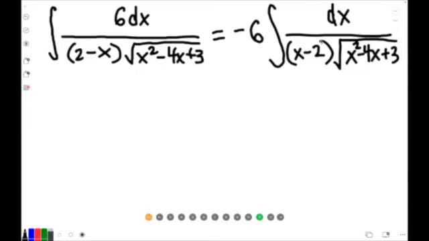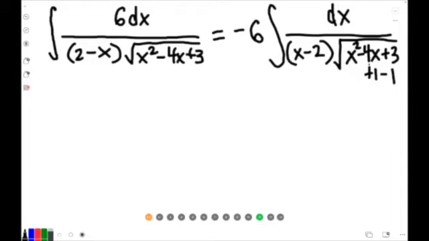But if we square this, we need this to be x squared minus 4x plus 4. Since this is plus 3, we only need to add 1 to complete the square. So let's add 1, and we cannot add 1 if we do not subtract 1 as well.